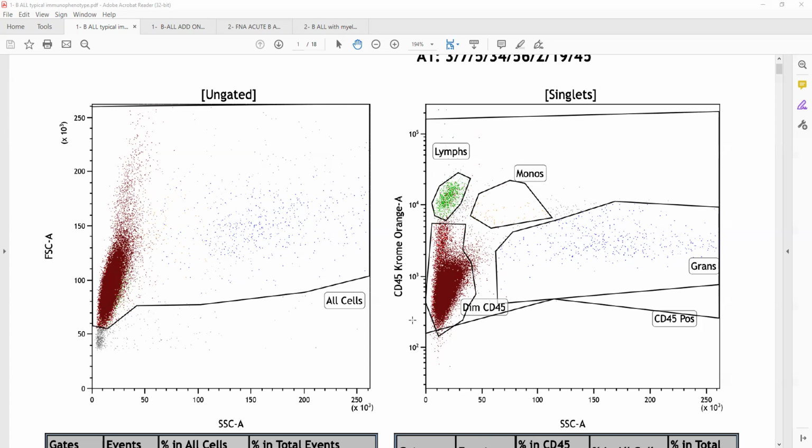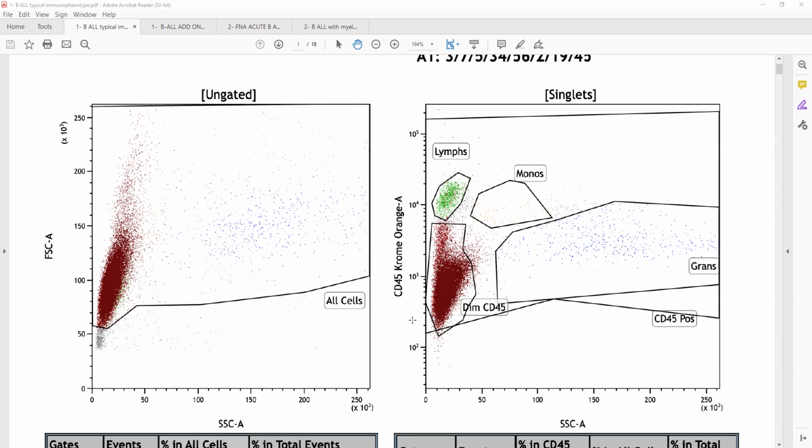Other markers of immaturity include CD10 and CD38 expression in B lymphoid blasts. CD10 is usually positive, and CD38 is usually positive, whether you're dealing with normal lymphoid blasts or an abnormal B lymphoblast population.